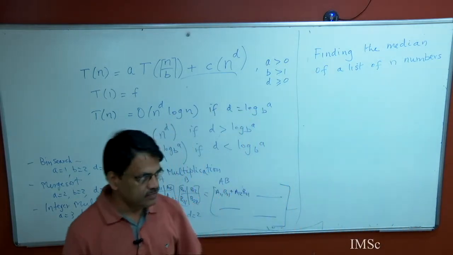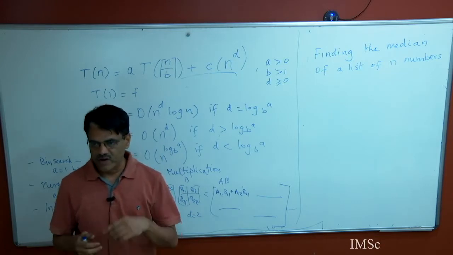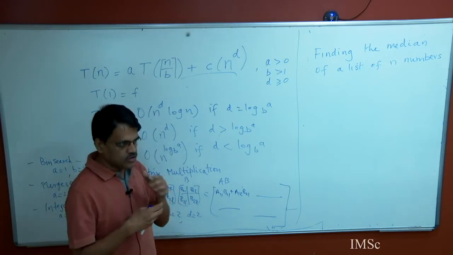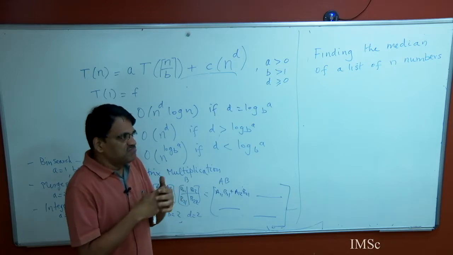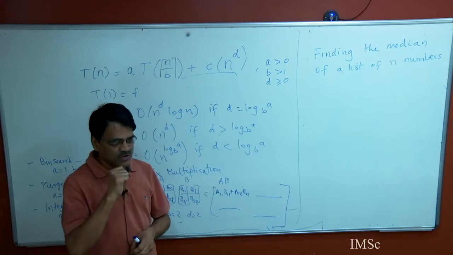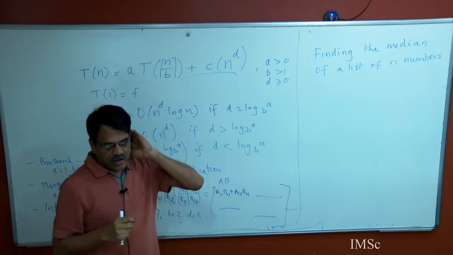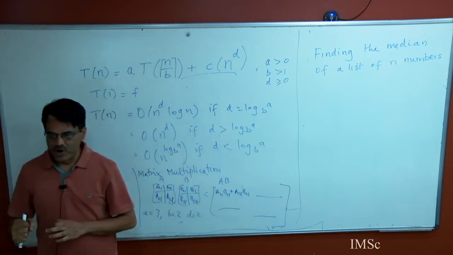How much time does it take? N log n, because at least we saw one algorithm merge sort which takes n log n time to sort, right? But it seems to be doing more than what I really need. I suppose I care only about what appears in the middle. Can you do better than sorting?